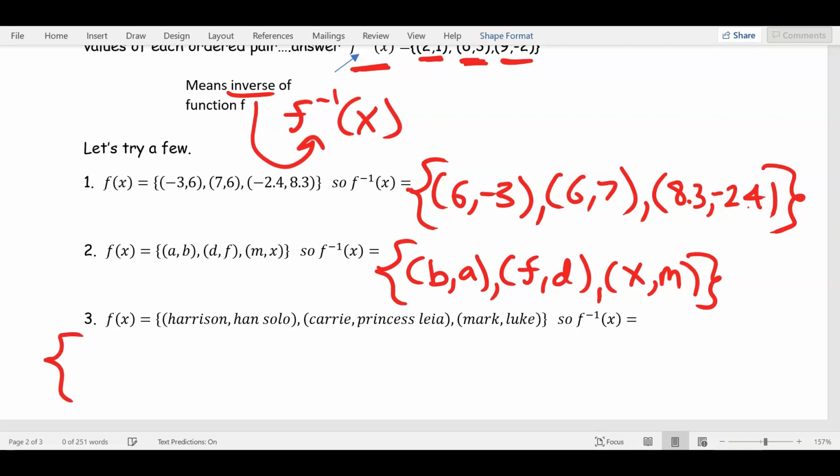I didn't make this, but Miss Testa likes Star Wars. Han Solo, comma, Harrison. Princess Leia, comma, Carrie.